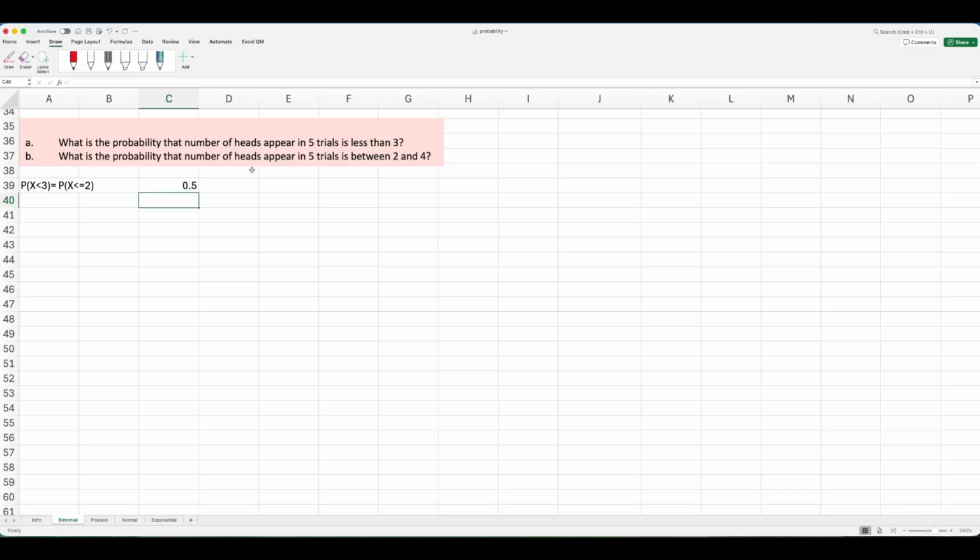Now what is the probability that the number of heads in 5 trials is between 2 and 4? This is the interesting one. Probability of x being between 2 and 4. So usually when we want to rewrite this function to be able to use the binomial distribution in Excel, we need to know what number is included in this range, what number is not.